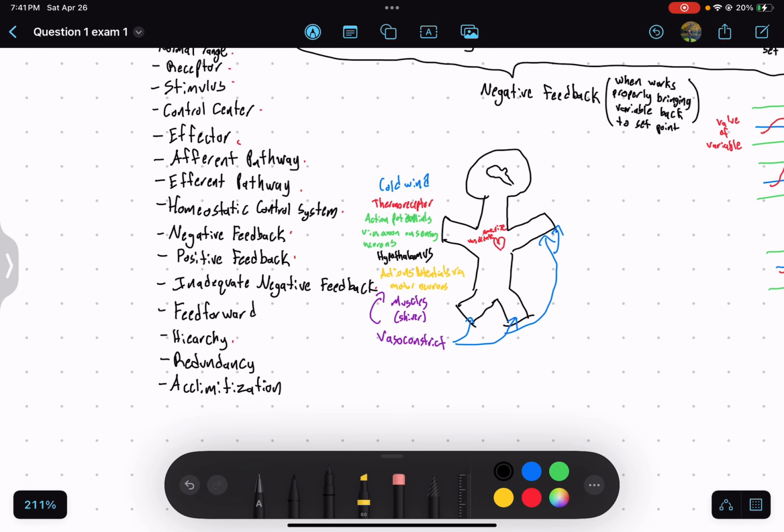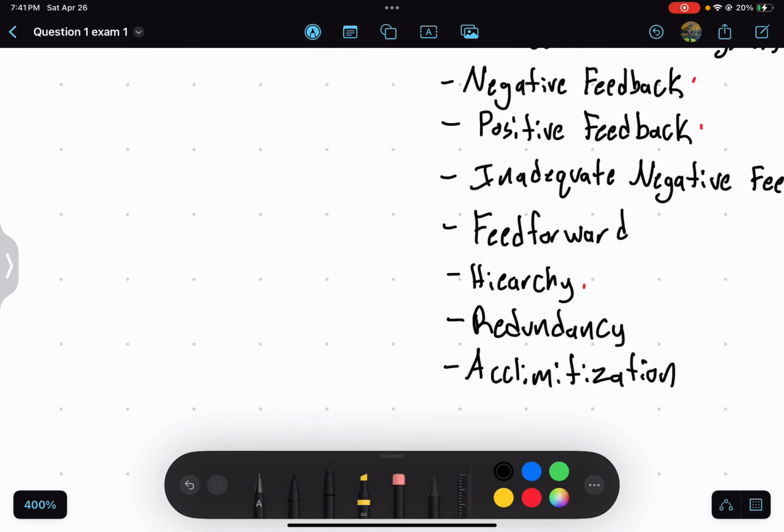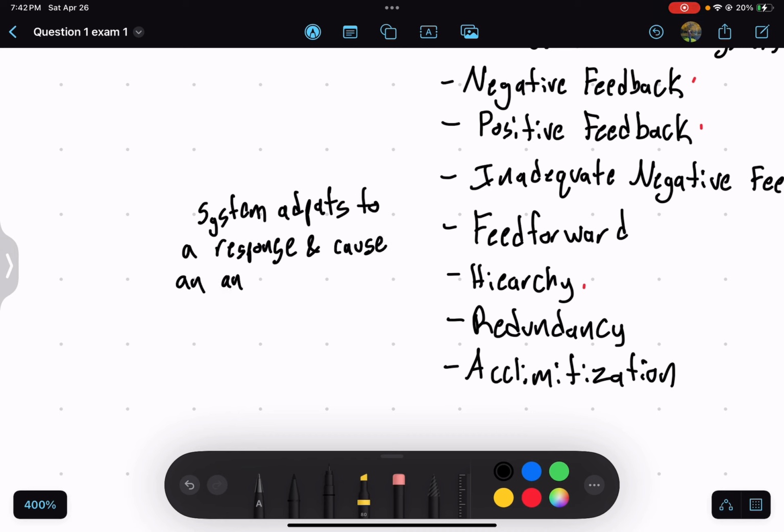Next thing we're going to do is talk about feed forward. This feed forward is whenever your system adapts to a response and causes an anticipatory response before the stimulus hits the system.